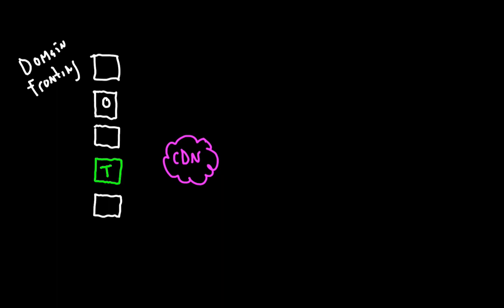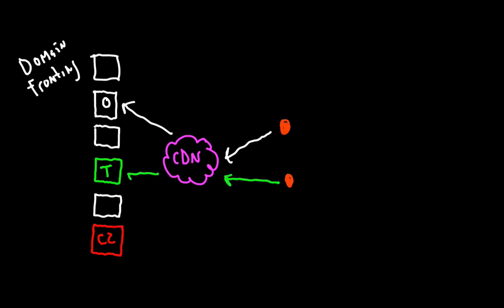But mixed in there, we can become a customer too, and our command and control server can act as an origin server for the content delivery network as well. And so what you end up with, of course, is the state of affairs where many clients are out on the internet making requests to the CDN. The CDN is sending the request to the right origin servers when it needs to. And everything works as you might expect.